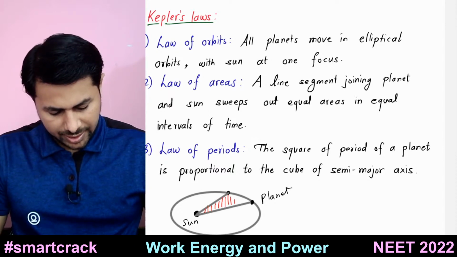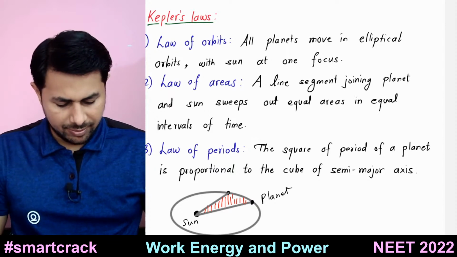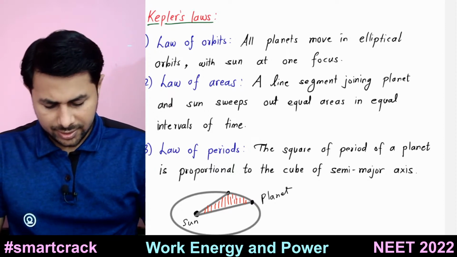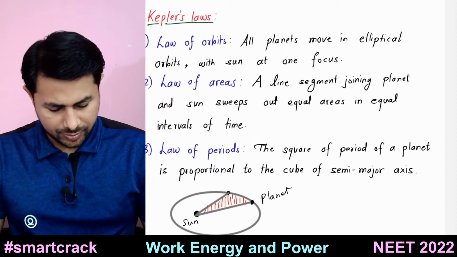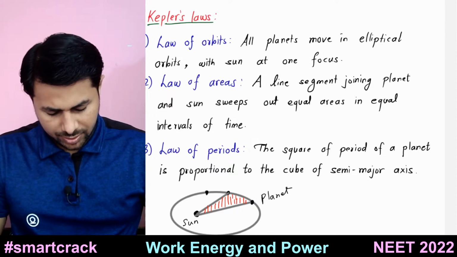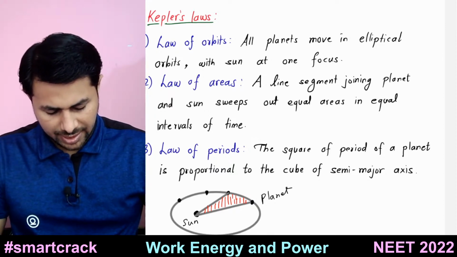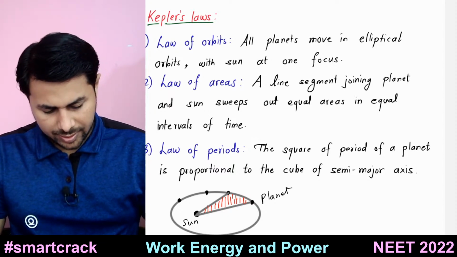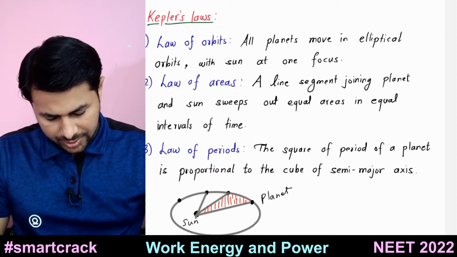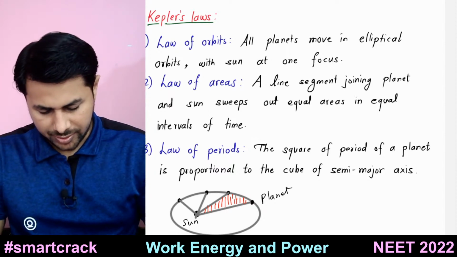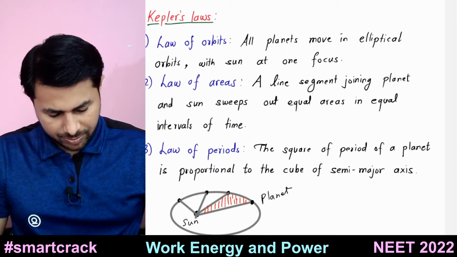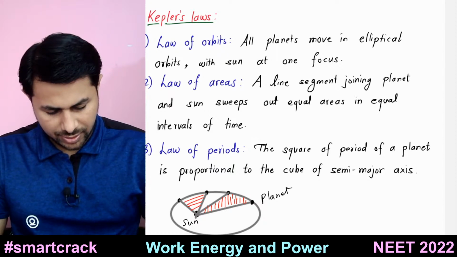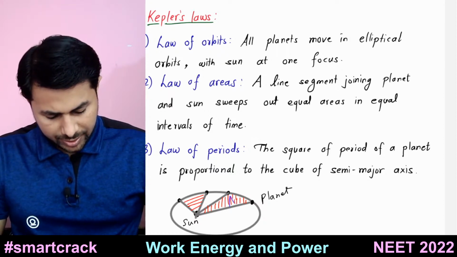So this much is the area swept in time t, and then suppose it goes from this position to this position in the same time. Okay, same amount of time, then in this case there will be some area swept. Okay, so area swept is suppose this much. Let's call this area A1.